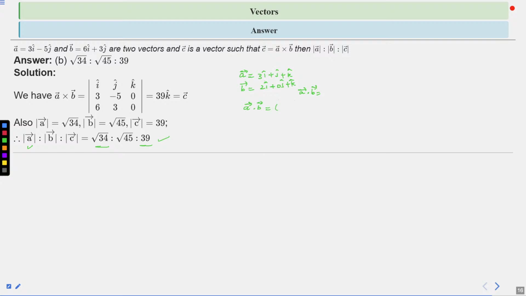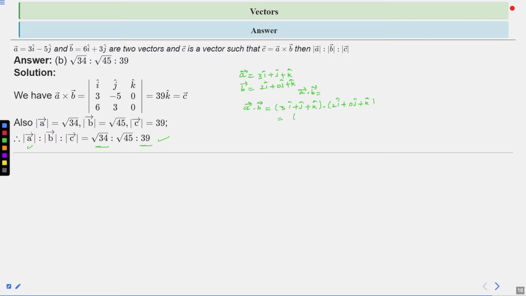We know A vector is 3 I cap plus j cap plus k cap, dot B vector is 2 I cap plus 0 j cap plus k cap.